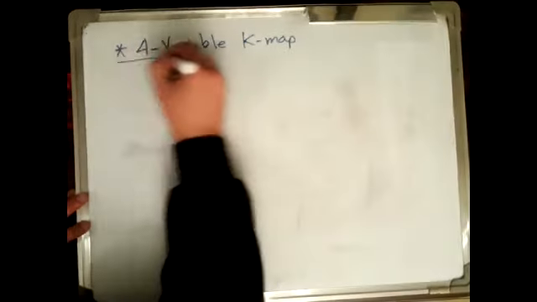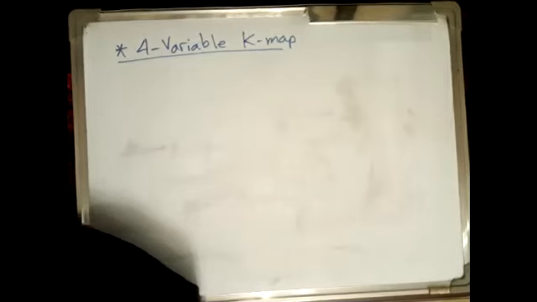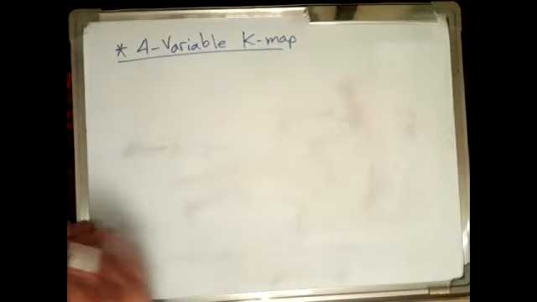Now, in the 4 variable K-map, how many possible minterms we have? We have 16. How many possible input combinations? 16. How many possible rows in the truth table? 16. So in the map, we will have 16 small squares arranged in a certain way that can help us in the simplification.